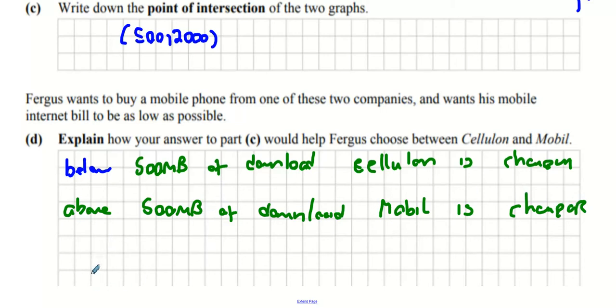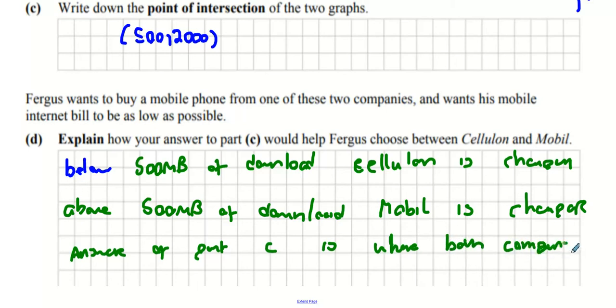So the answer to part C is where both companies cost the same amount.